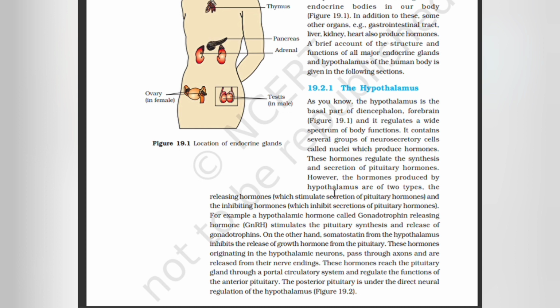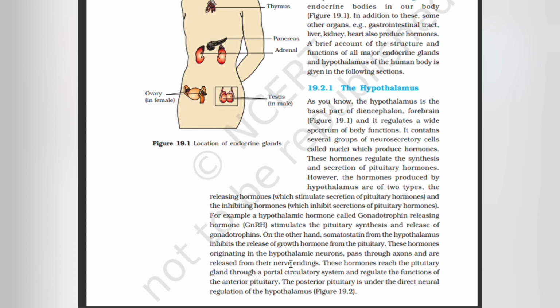The hormones produced by the hypothalamus are of two types: the releasing hormones, which stimulate secretion of pituitary hormones, and the inhibiting hormones, which inhibit secretion of pituitary hormones. For example, the hypothalamic hormone called gonadotropin releasing hormone, GnRH, stimulates the pituitary synthesis and release of gonadotropins. On the other hand, somatostatin from the hypothalamus inhibits the release of growth hormone from the pituitary.